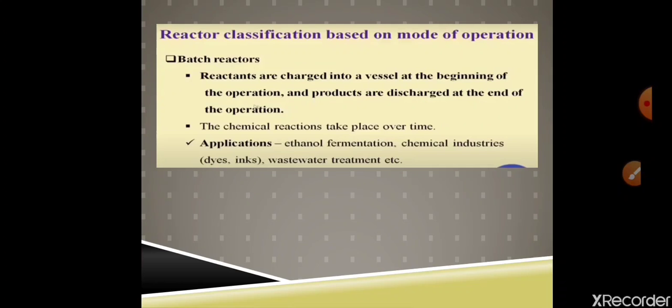India has more than 250 distilleries that produce ethanol from cane molasses, and most of the ethanol fermentation process in the early days was operated in batch mode. Some of it has been converted to continuous process nowadays. Then we have chemical industries like dyes and inks production that use batch processes, and particularly in wastewater treatment processes, we largely use batch processes.